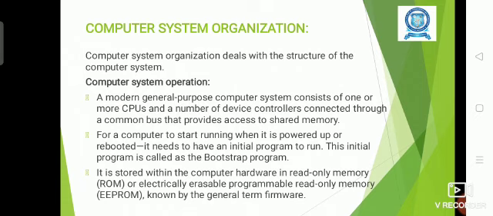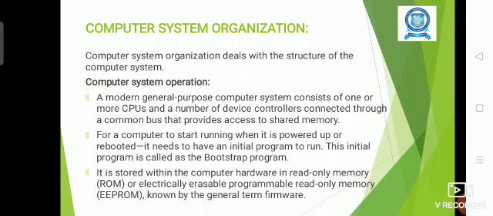Computer system organization deals with the structure of the computer system. We are going to see some common concepts. The computer system consists of one or more CPUs. Normally, a system will have a single CPU, but based upon the application area, in some systems more than one CPU is installed, and a number of device controllers may be connected.